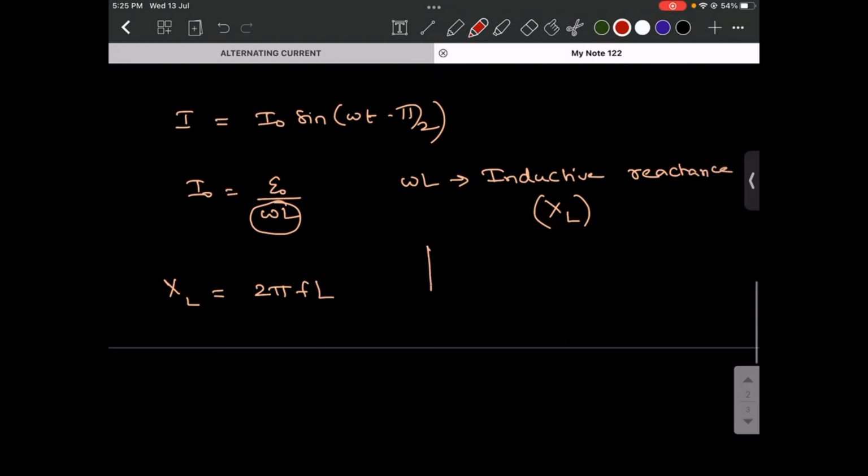So when you draw the variation of XL versus f, then how will it look like? It will be a graph that is passing through the origin. Is it clear?